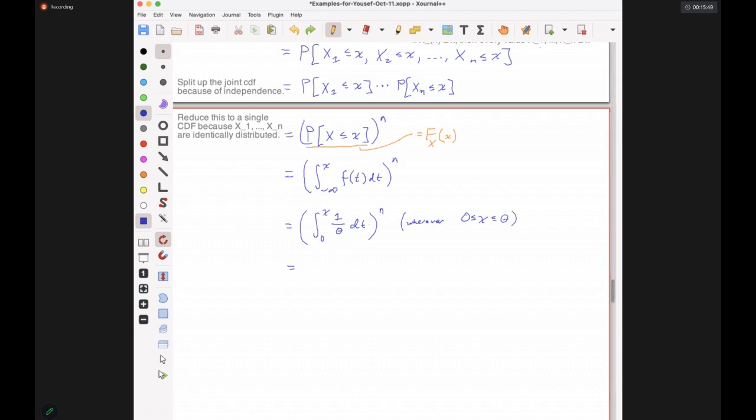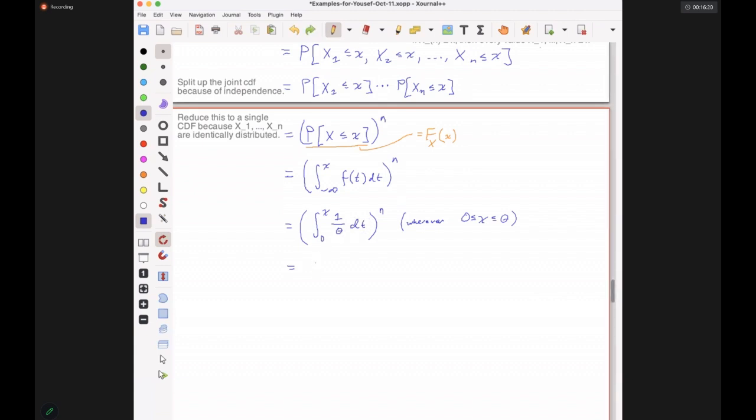What is the antiderivative of 1 over theta with respect to t? Yes. Well, we're increasing the degree of t. Right now, t is to the degree of 0.